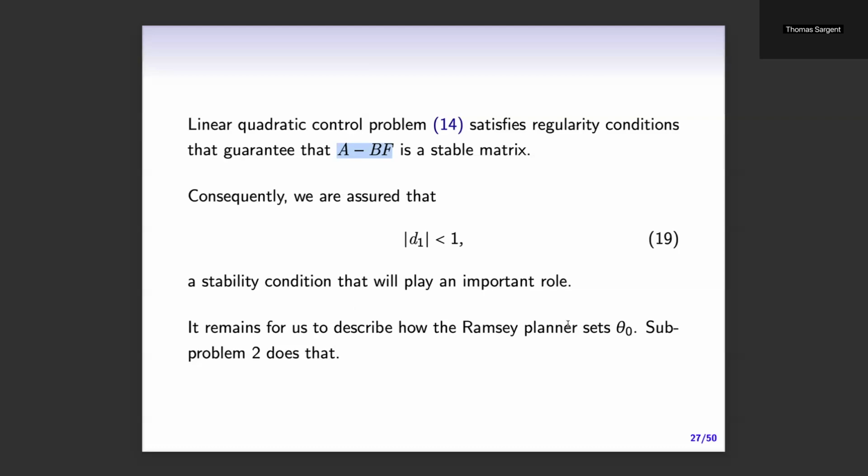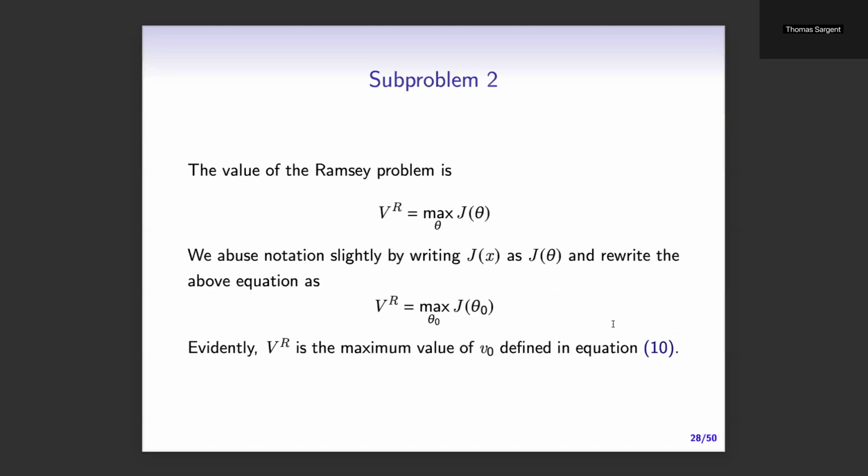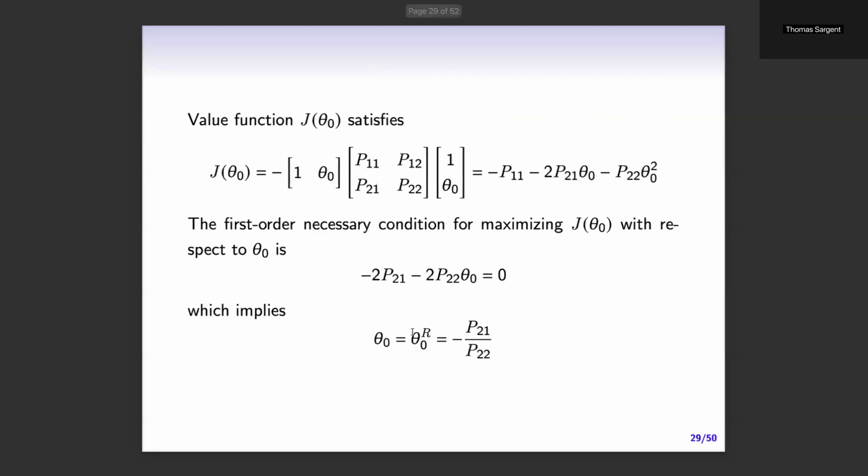we have to have the Ramsey planner choose theta 0, and that's our problem, and so we have to solve this problem. This is just a quadratic, and so we can compute theta 0. It's just the ratio of these two elements of the value function for the linear quadratic programming problem.